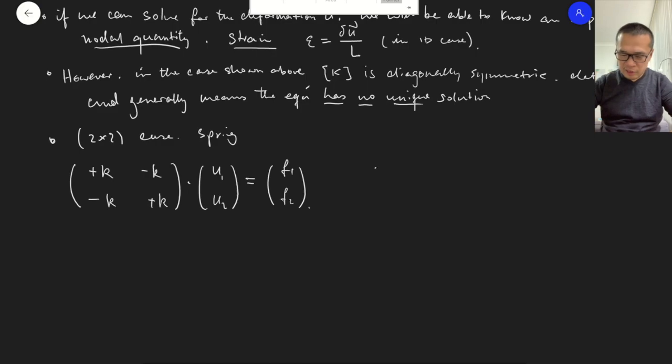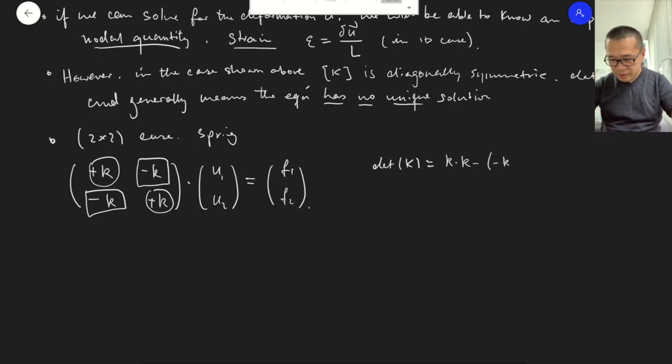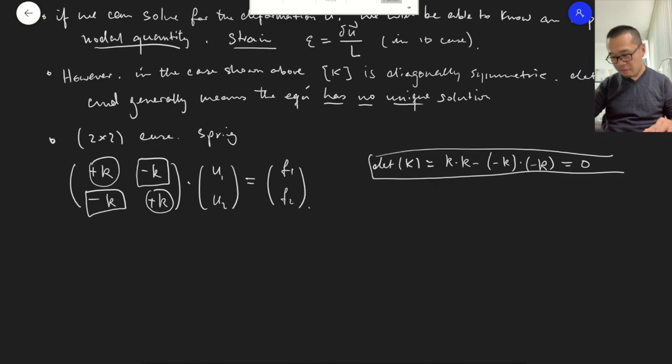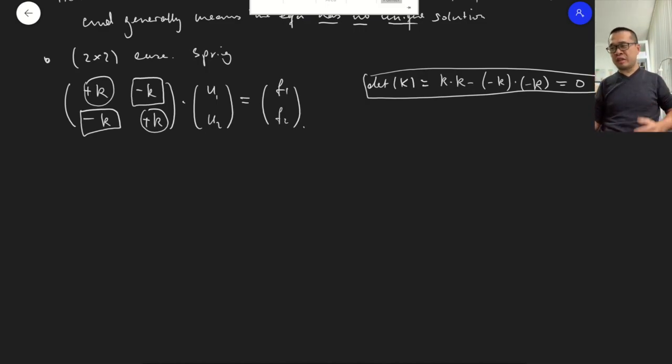So the determinant of this matrix is basically this one times this one minus this one times this one, which is k times k minus k times minus k. And if you do the algebra, you can see that this is indeed 0, right? So this matrix has a 0 determinant. And what does it mean by it has no general solutions?